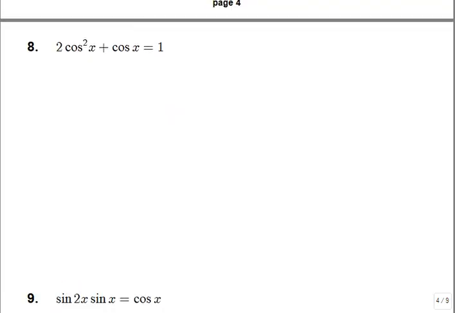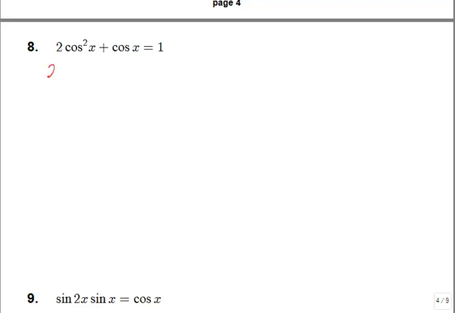Okay? Next one, 2 cosine squared x plus cosine x equals 1. Now, this next example, you're going to do something here that you'll do quite often when you're solving these trig equations. So the first thing I want you to notice here is there is this cosine squared, but you also have this cosine x as well to the first power.